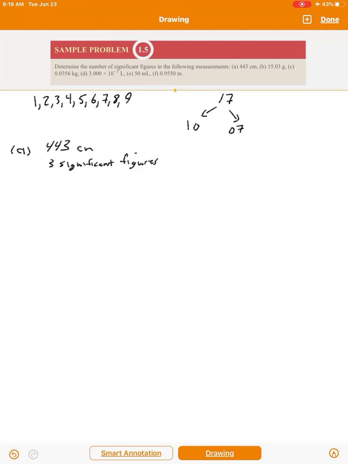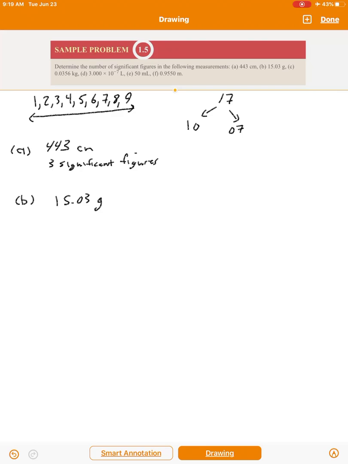Now, when we get to B, there's an issue here in that there's a 0. And so for B, the issue is, 0 is not between 1 and 9, right? It's the one number that's not between 1 and 9. So how do we deal with 0?